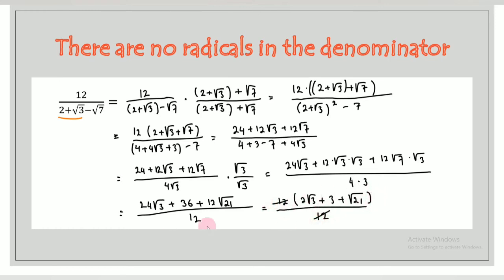So the final answer will be 2 square root of 3 plus 3 plus square root of 21. And this statement has fulfilled all the prerequisites of simplest form of radicals. So let me go to the next example.